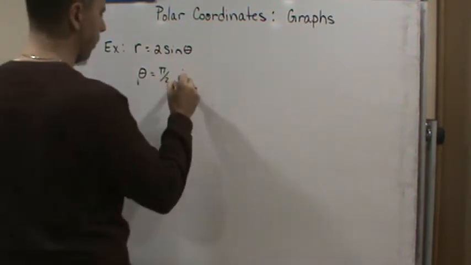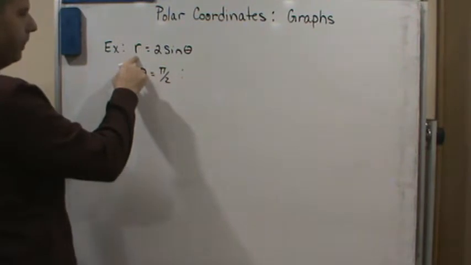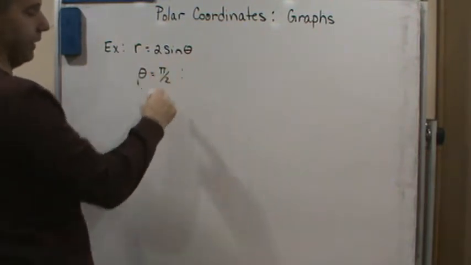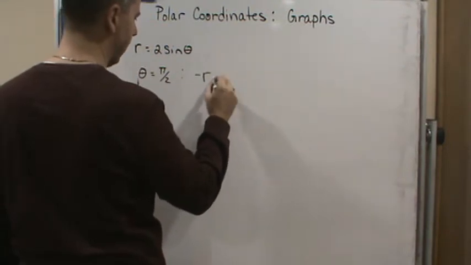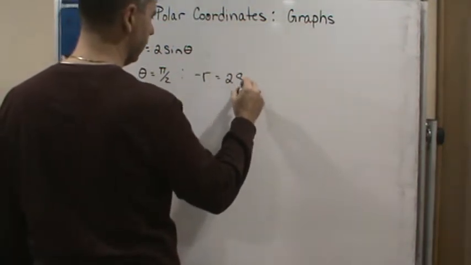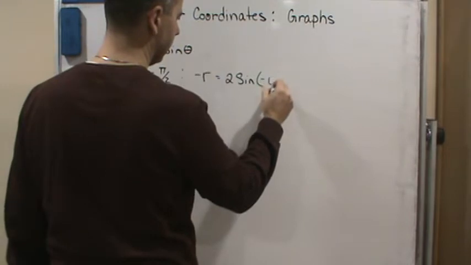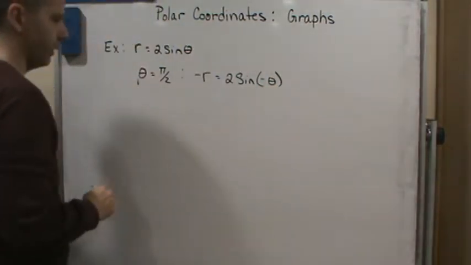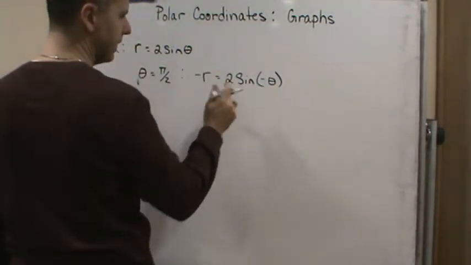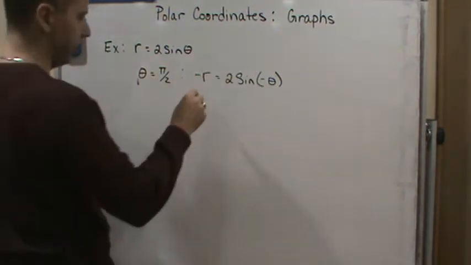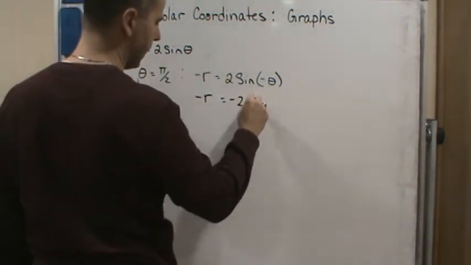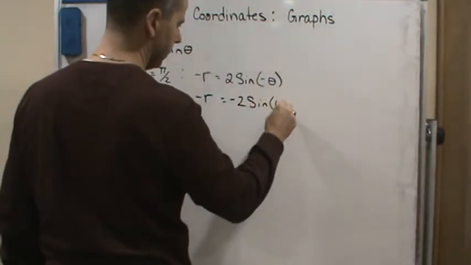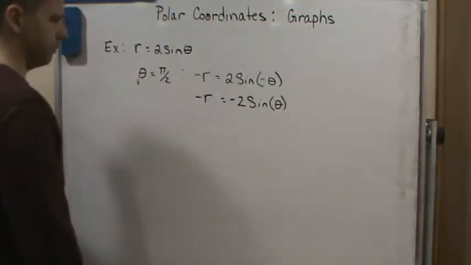Okay, and so we're going to replace r with the opposite of r and theta with the opposite of theta. So we're going to get negative r equals 2 sine negative theta. Now we're going to use the fact that sine is an odd function, and we can rewrite this as negative r is equal to negative 2 sine theta.